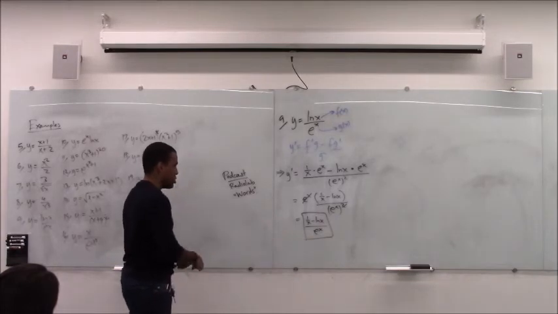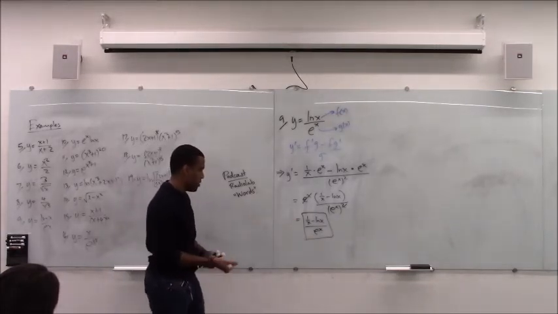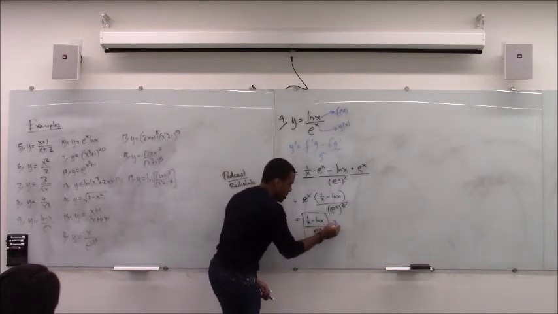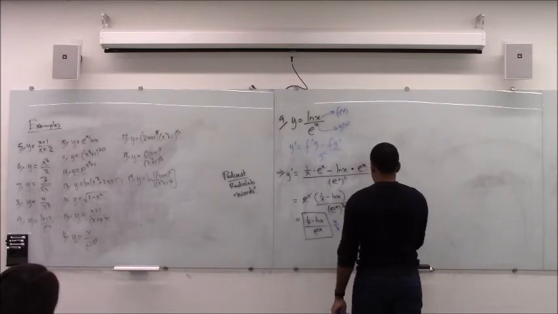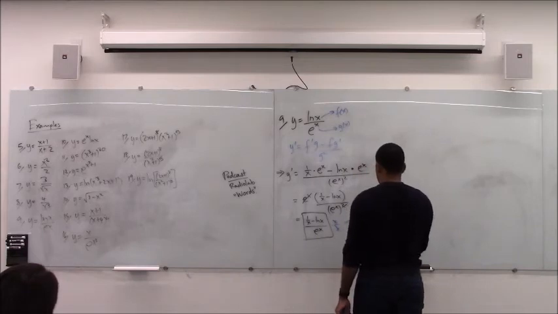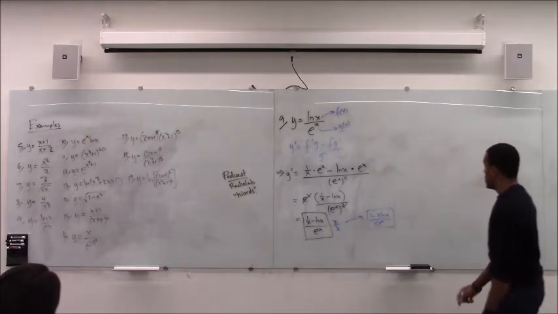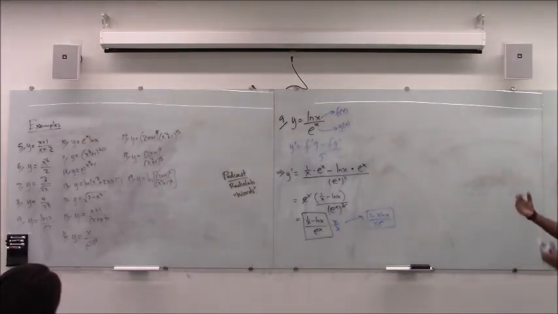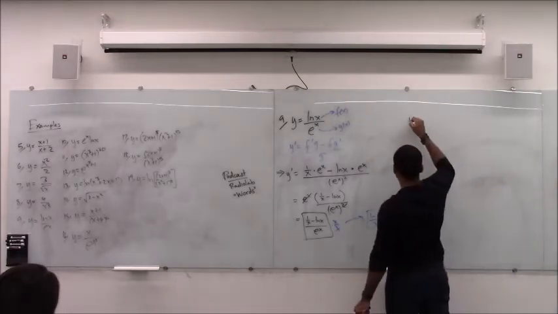If this were your textbook, it wouldn't write the answer that way. It would probably not like the fraction inside of a fraction. So you could multiply this by x over x and write it in another way: 1 minus x ln x over x e to the x. So that's an alternative for it. But I wouldn't really care. As long as you cancel all the common factors, in general, I won't care.